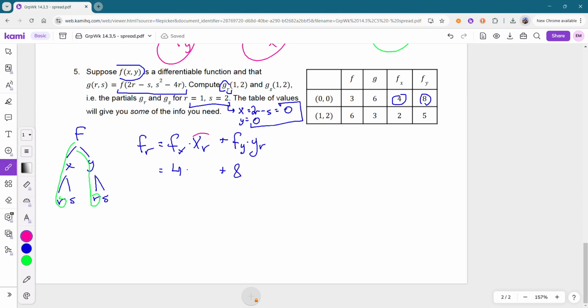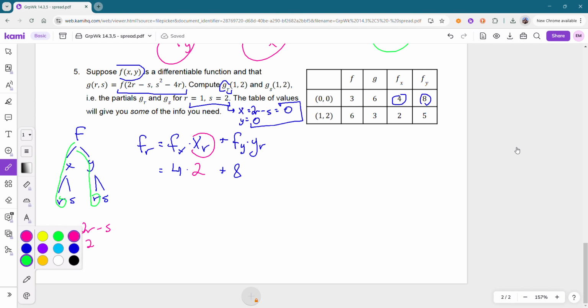These other ones, x with respect to r. Here, we don't have any x information on our table, but we actually know the formula for x, right? Since x is 2r minus s, xr is just 2. Feed that in.